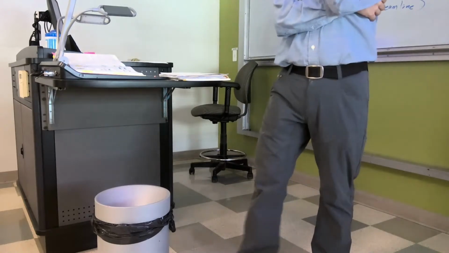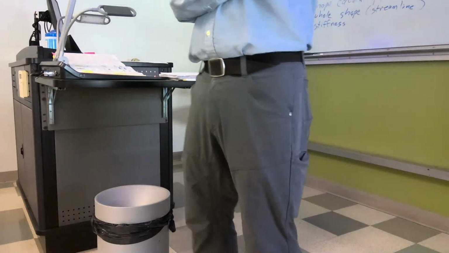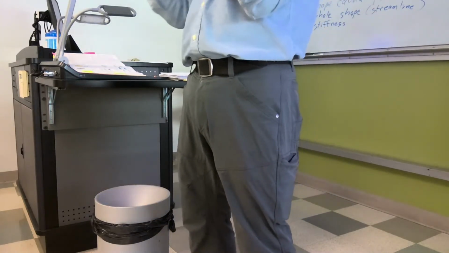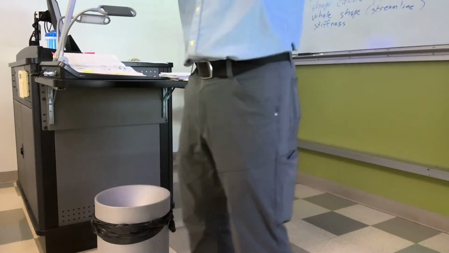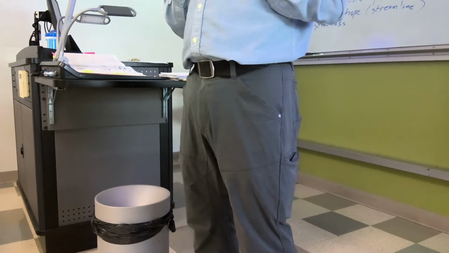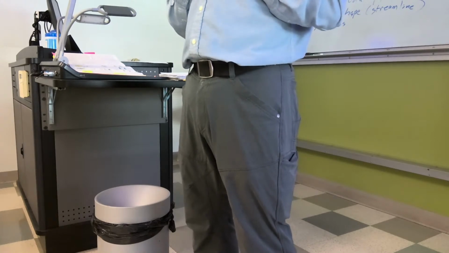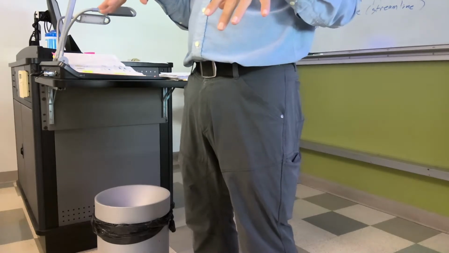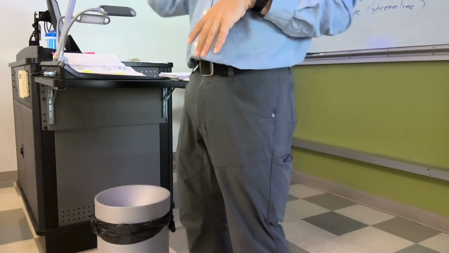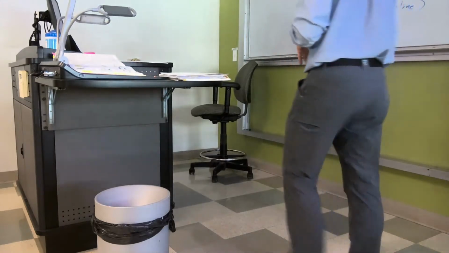Right. Remember, the two sides of the equation are the propulsive forces, and then drag is opposing those forces that move the animal. So simply by reducing drag, you can go faster by using the other stuff.